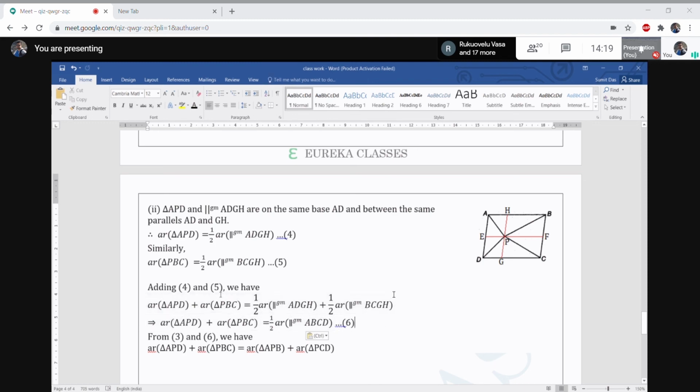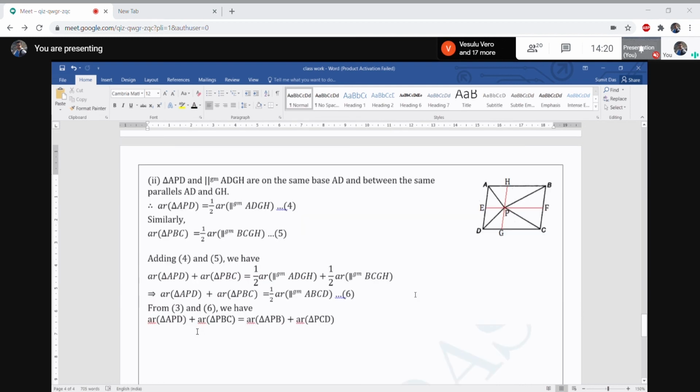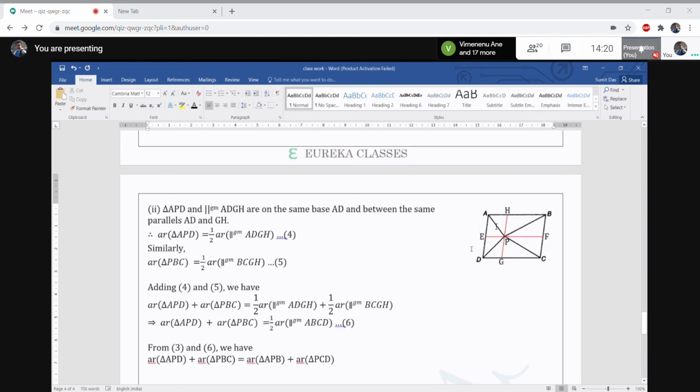From 3 and 6, where is 3? 3 is this: we got area of APB plus area of PCD is equal to half of area of ABCD. And in 6 we got area of APD plus area of PBC is equal to half of ABCD.